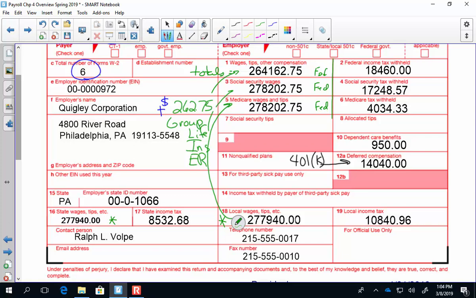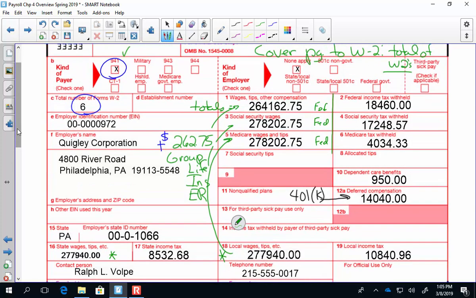So in this case, this person had dependent care benefits as part of his cafeteria plan, and that too was reported on the W-3 on box 10. And then box 12A again is the summation of everybody's 401k deduction. It's reported in 12A. The rest is basically totals of everybody's W-2, and that's it.